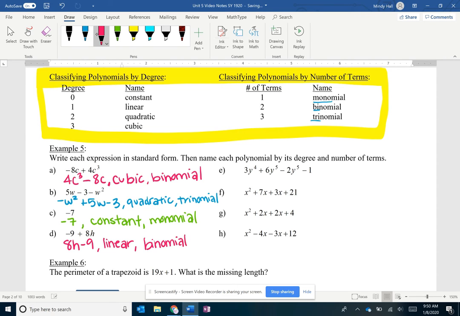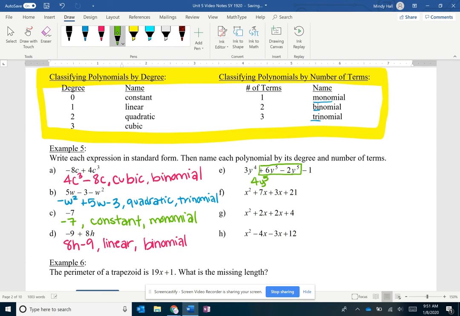Okay. So then for E, F, G, H, for E, we have negative 3y to the 4th plus 6y to the 5th minus 2y to the 5th minus 1. So notice we have 2y to the 5ths right in here. So 6 minus 2, you should always simplify before you write in standard form. But 6 minus 2 would give us 4y to the 5th.